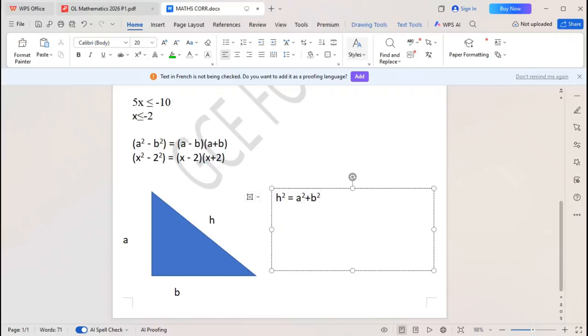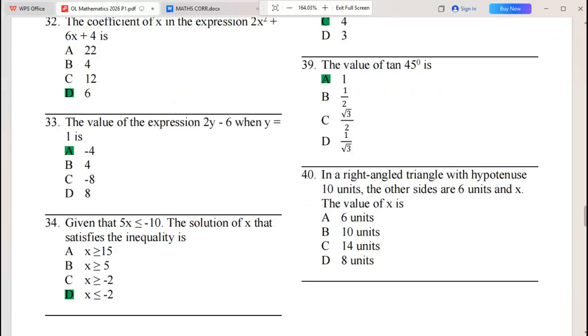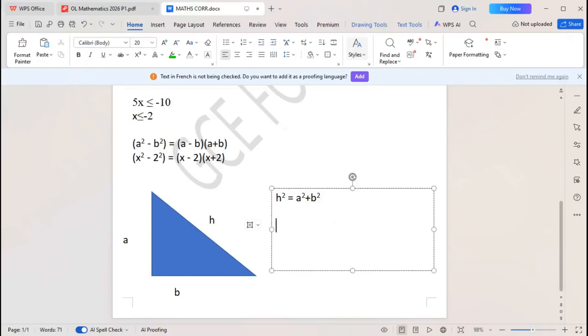From the question, the hypotenuse is equal to 10 units and the other sides are 6 units and x. So we have that 10 squared is equal to, let's call the side a 6, so 6 squared plus x squared. Solving this, 10 squared is 100, which is equal to 6 squared, which is 36, plus x squared.